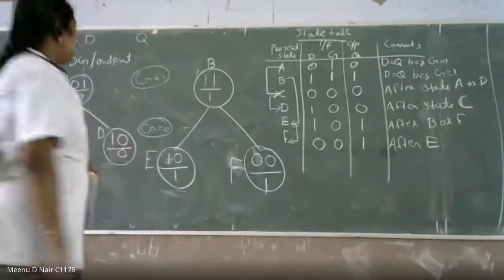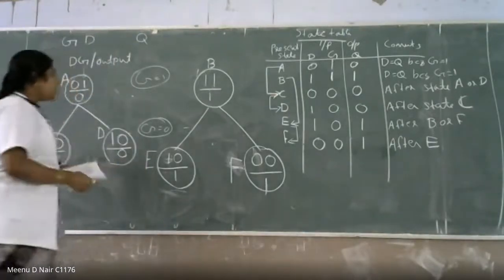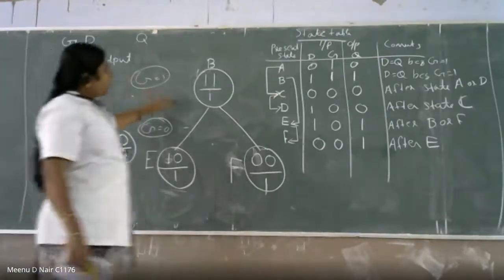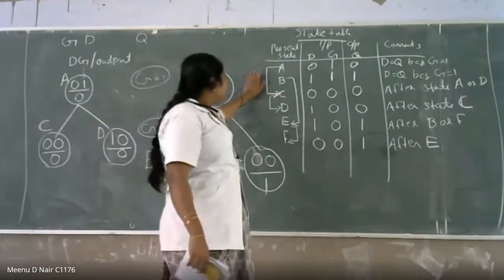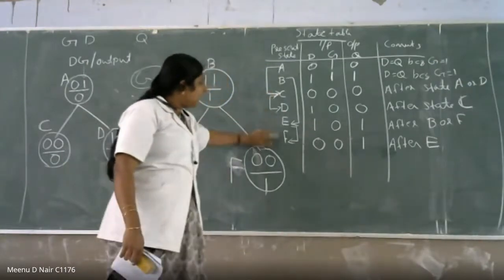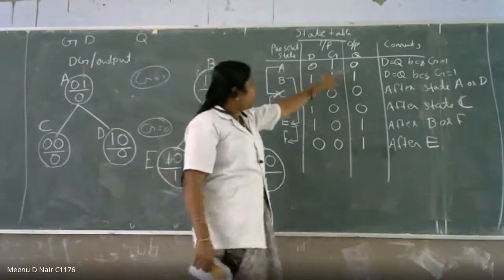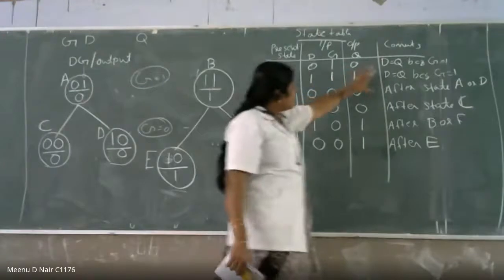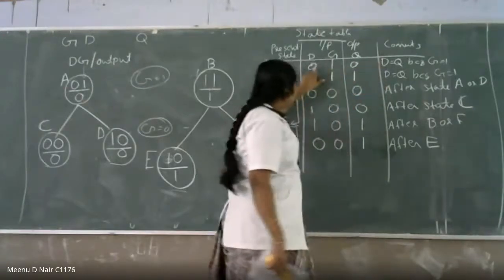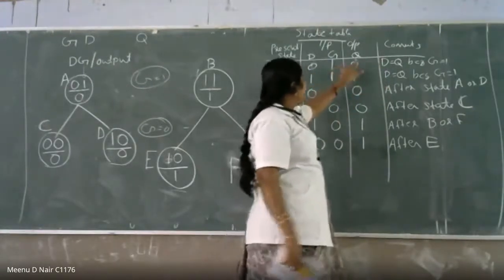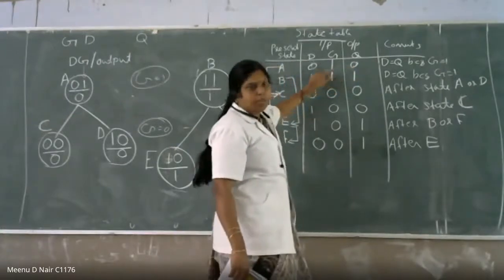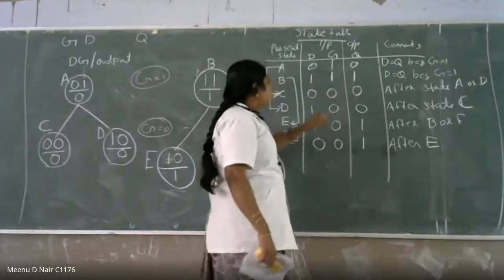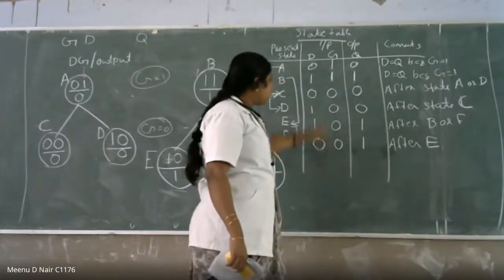So you can directly write it from here. First you have to make the input and output conditions, and from that you can derive the state table. These are the present states A, B, C, D, E, F, with the corresponding input and output. In the comment you write what is happening: here G is equal to 1, so D is equal to Q. Here also G is equal to 1, D is equal to Q. In all other conditions, G is equal to 0.